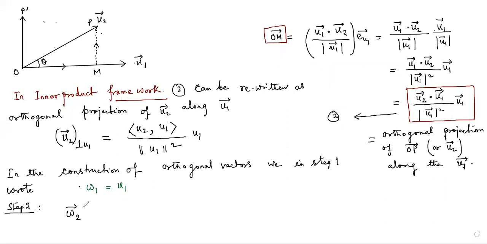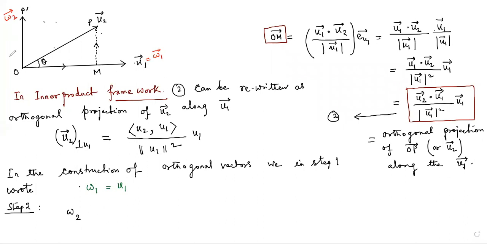So what is my w2 vector? Say this vector OP prime is my w2 vector. And if this is w1 vector, definitely this w1 vector will be the same as u1. I'm not going to write the vector sign over here, this is not required. If I write by vector sign, w2 vector is denoted by OP prime, and w1 vector is denoted by this vector u1 prime.